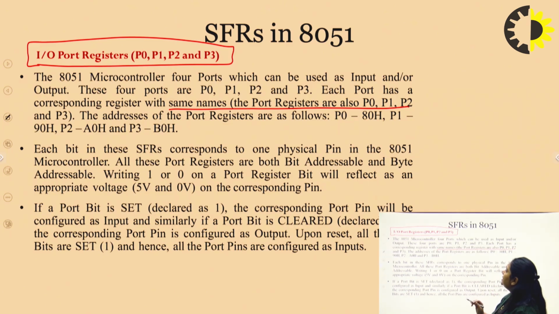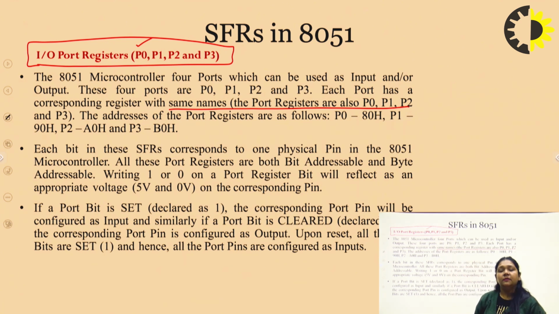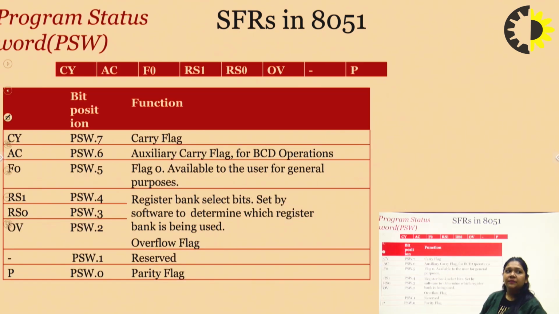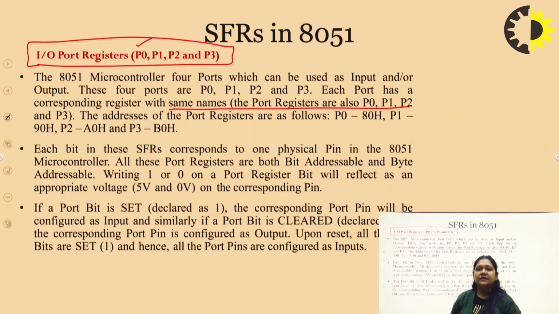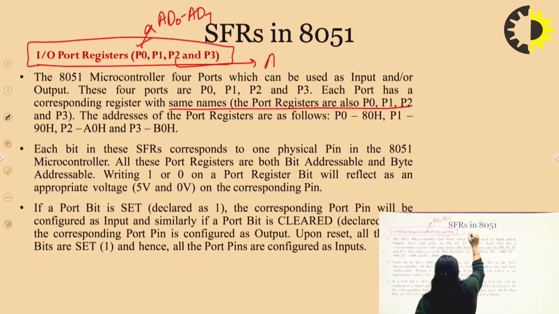Now, out of these 4, P0 is used as an input-output port as well as demultiplexed address data lines, so P0 is also used as AD0 to AD7. Port 2 is also used as A8 to A15, that means the higher order address.